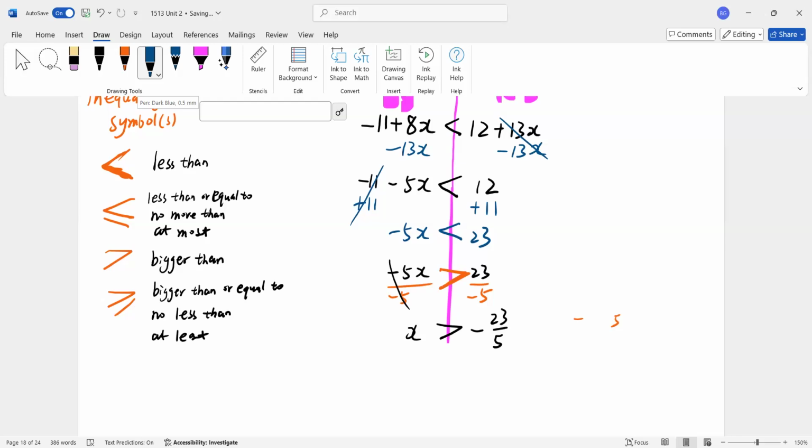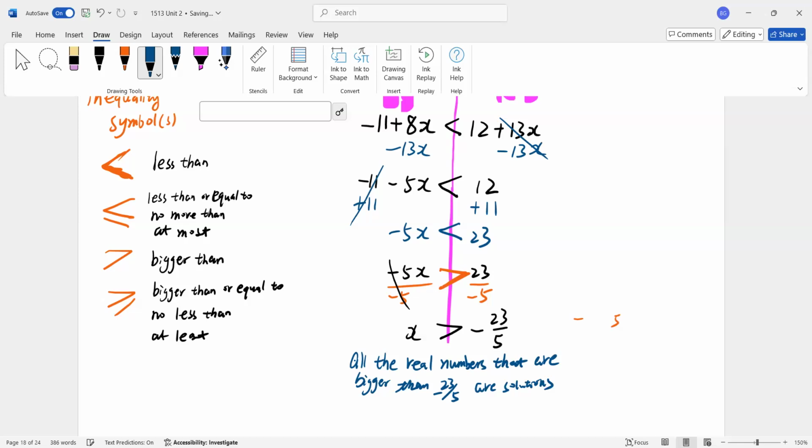You probably have infinitely many solutions. Your solution probably is an interval on the real number line, right? So here, all the real numbers that are bigger than negative 23 over 5 are solutions.